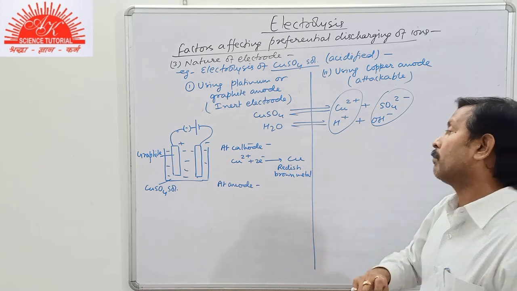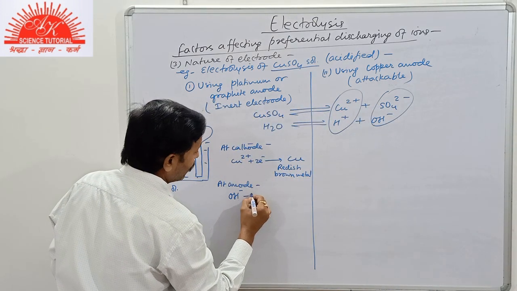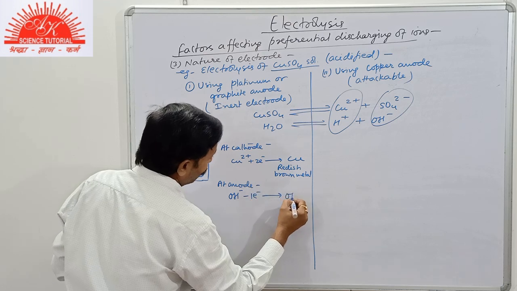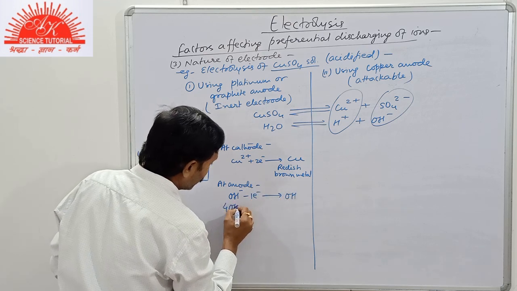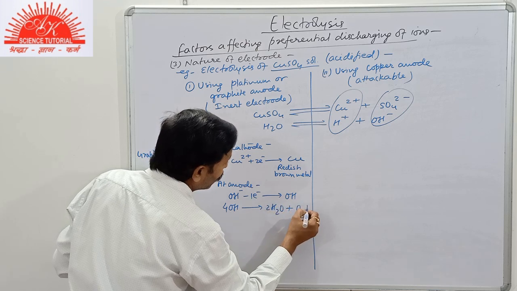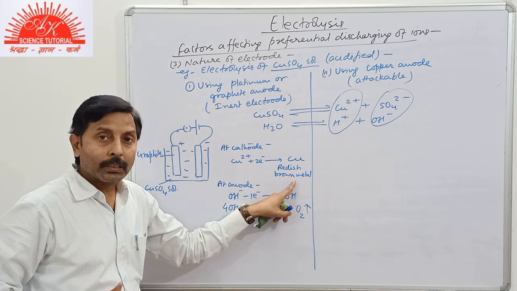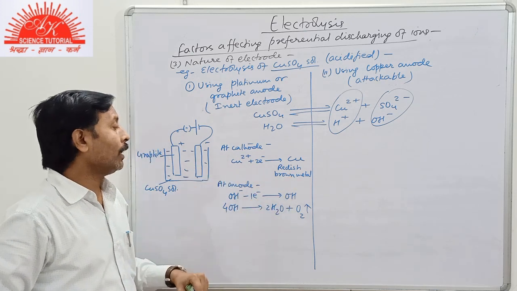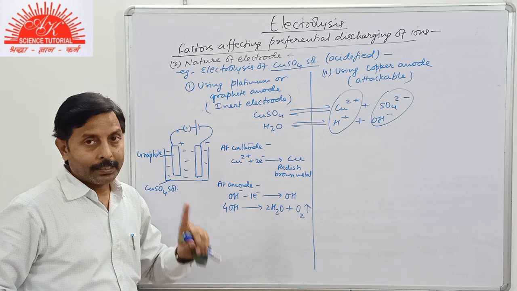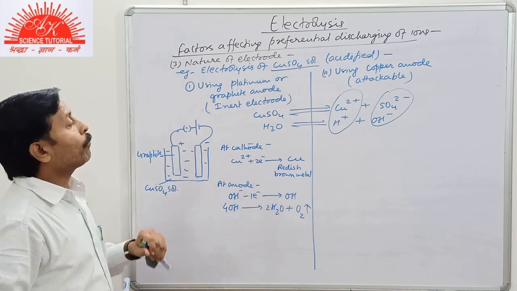So it is OH- ion that is discharged first. OH- ion gives neutral OH, 4OH gives us 2H2O plus O2. Hence, at the cathode, reddish brown metal is deposited and at anode, oxygen gas is released. Clear? The most important thing.